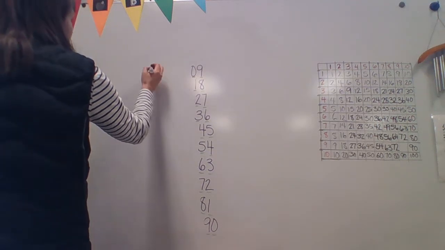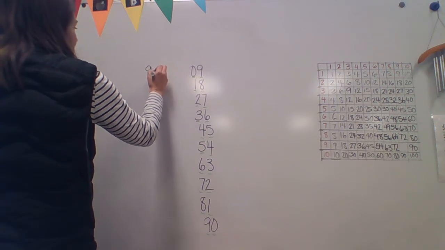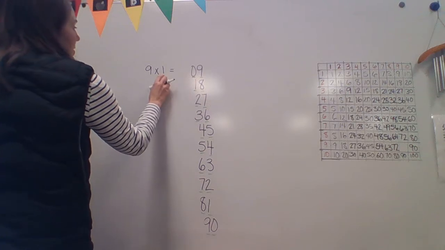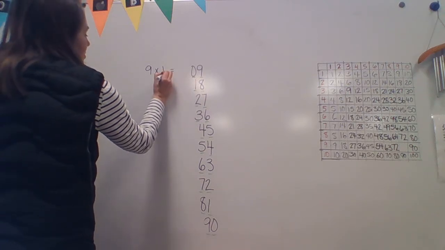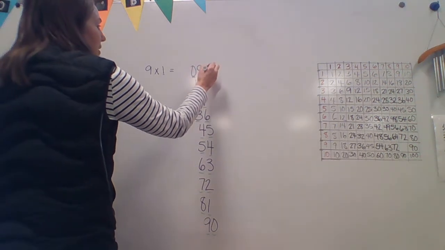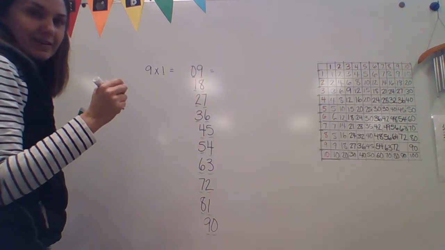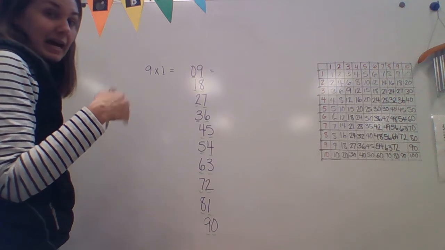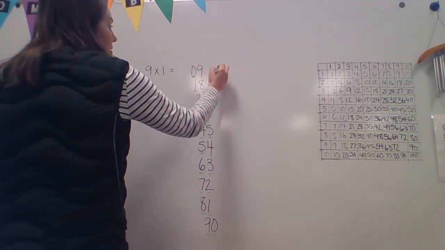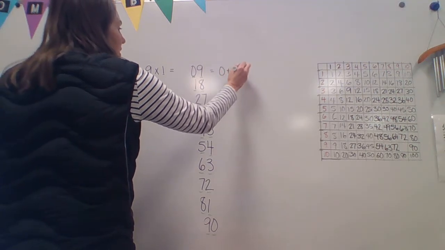So I'm going to go ahead and rewrite in the expressions. 9 times 1, my 0 in my tens place is going to be 1 less than the number that I'm multiplying by. But both digits in my answer, I'm going to add together and they're always going to equal 9. Watch this. 0 plus 9 equals 9.